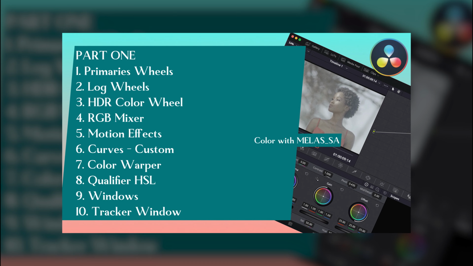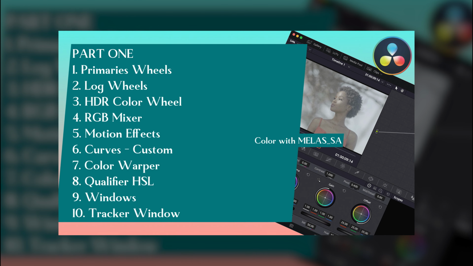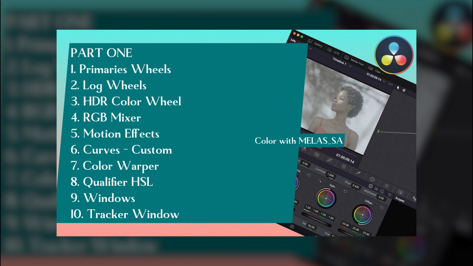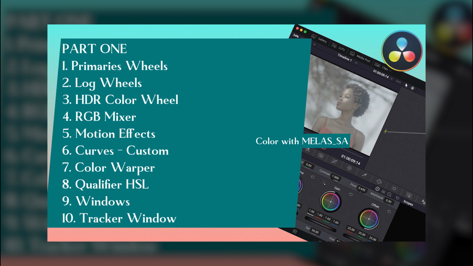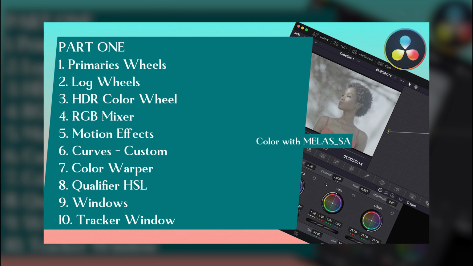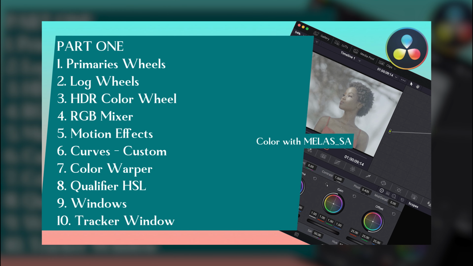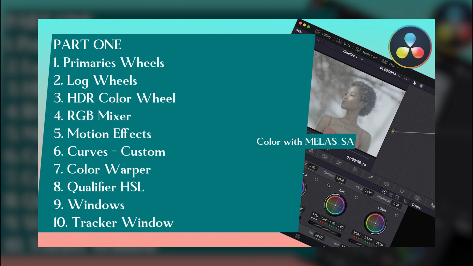Alright, welcome back again. So I dropped a video pertaining to the basics of color grading in DaVinci, and this is part 1. The first one we dropped was primary wheels, which is number 1. Today we are going over number 2, which is the log wheels, and from the log wheels we'll go to number 3, which is the HDR color wheel.